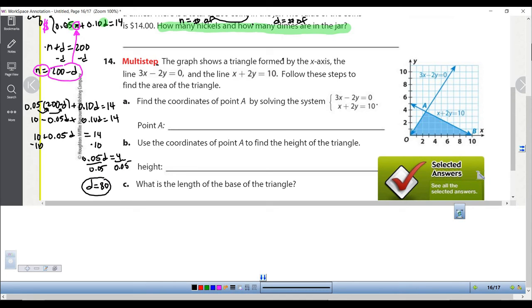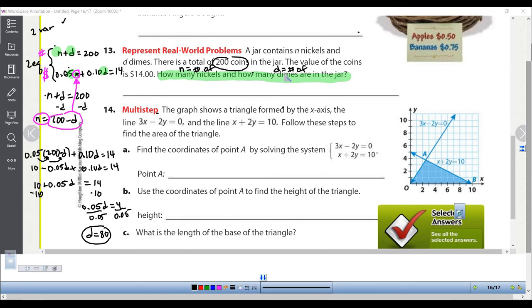What did D stand for? All right, we've kind of scrolled down here. D was the number of dimes, right? So we now know that there are 80 dimes. But how many nickels are there? Well, what do we know? There's a total of 200 coins. What does it say right here? If you want to know the number of nickels, subtract 200 minus the number of dimes.